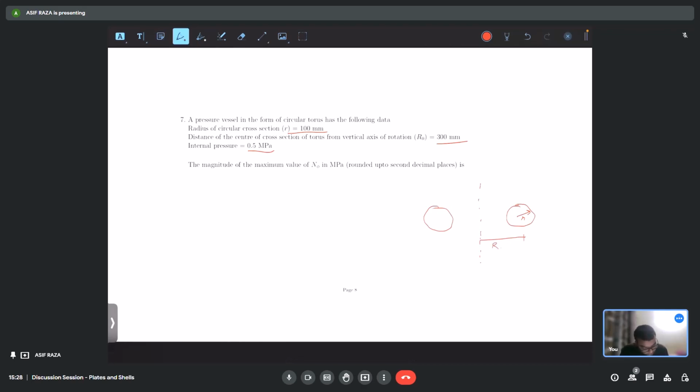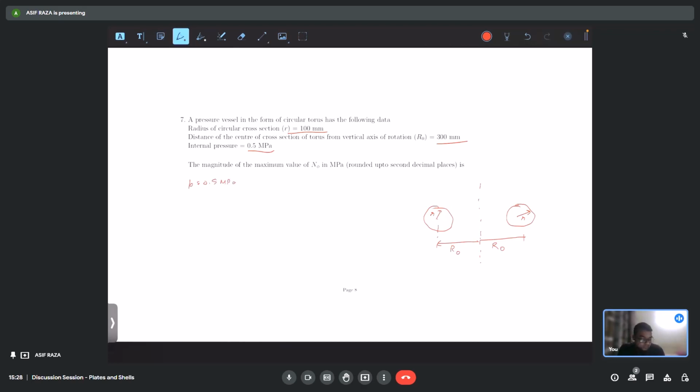Okay, from the center, like as here, this is R0, this is R. We are given with internal pressure P is equal to 0.5 megapascal.